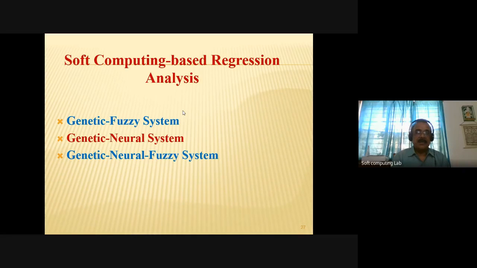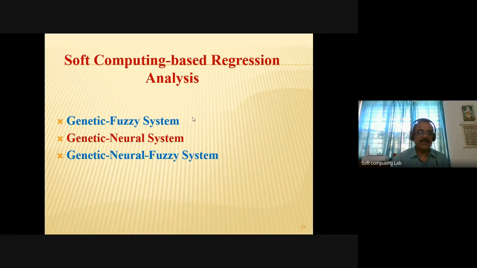That is why the concept of soft computing came, where we consider combined techniques. We combine genetic algorithm with fuzzy reasoning tool, that is the genetic-fuzzy system; genetic algorithm with neural network, that is the genetic-neural system; and neuro-fuzzy system with genetic algorithm, that is called the genetic neuro-fuzzy system. Before I tell the philosophy of each of these individually, let me tell you the purpose.